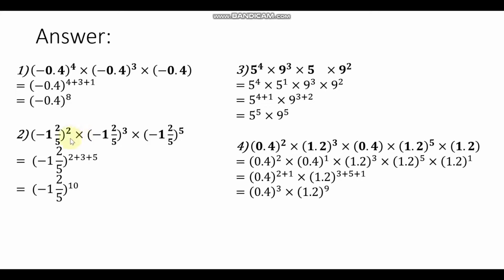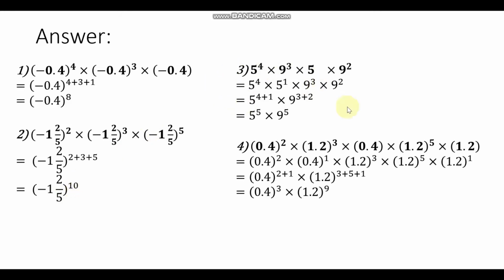So we only need to add all the indices together because each of the numbers has its own value of index. So 2 plus 3 plus 5, we got 10. So the final answer is negative 1 and 2 over 5 to the power of 10.